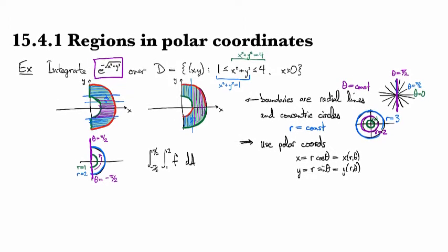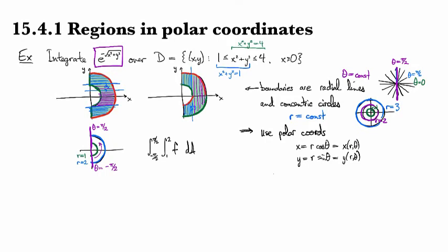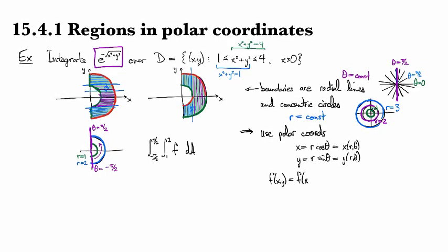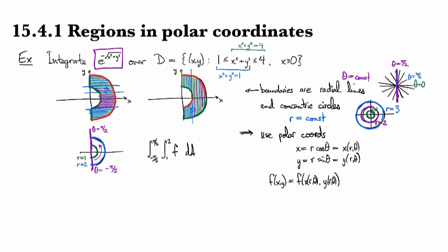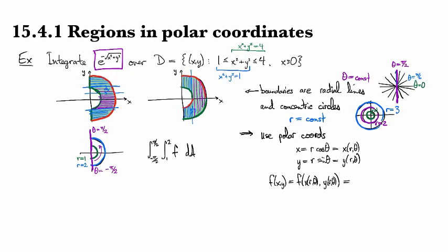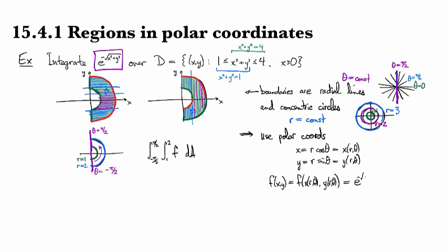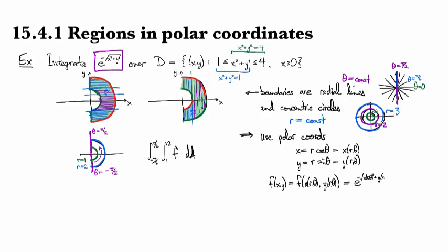And so our function f is now fundamentally a composition of functions, and at the base of it, it's a function of r and theta. So this is going to be e to the minus square root of x of r theta squared plus y of r theta squared.